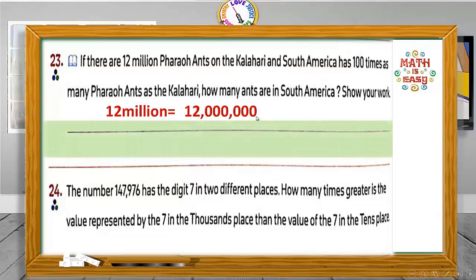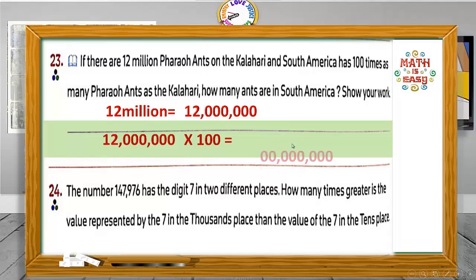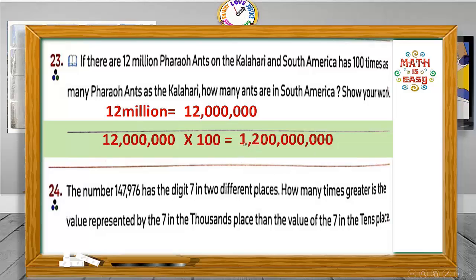That means you should multiply 12 million by 100. 12 million times 100. How many zeros in all? We have here 2 and here we have 6. Take all zeros and put them out. We have 8 zeros out and multiply 1 times 12. 1,200,000,000 ants.